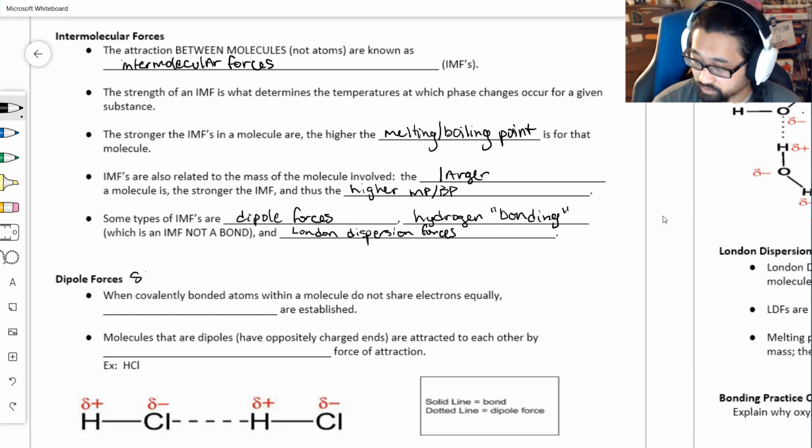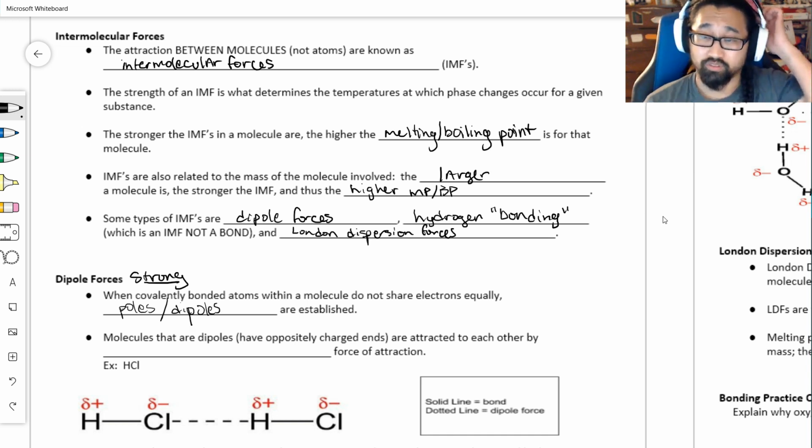Dipole forces are strong. When covalently bonded atoms within a molecule do not share electrons equally, not equal, unequal means poles or dipoles are established. We call them dipoles because there are always two, right? You have a positive and a negative. You have a north and a south. You're never going to have one pole.